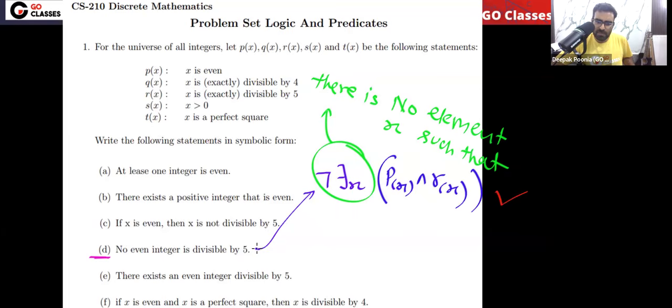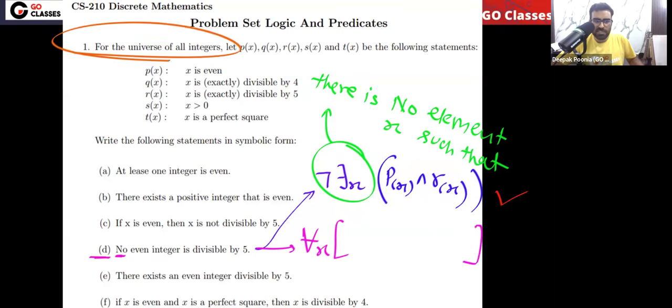What is another way to write? Remember, for all the elements we are making a claim. Please understand. For every integer, for every element in the domain, which claim are we making?